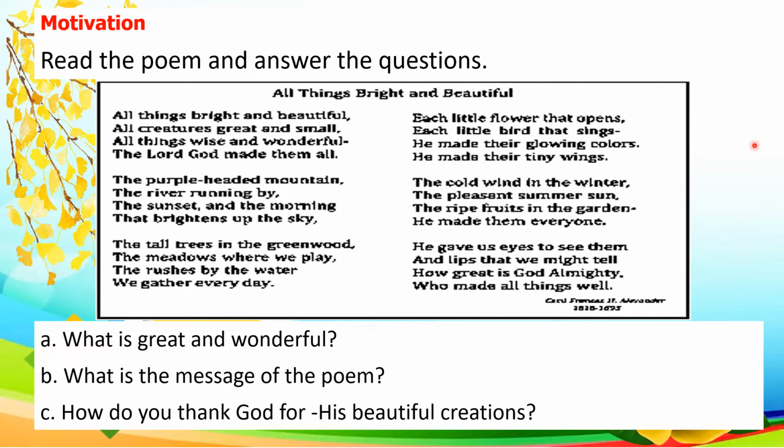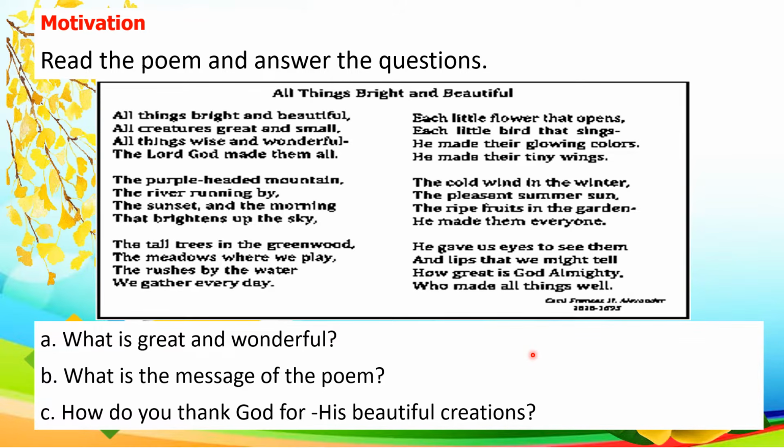The purple-headed mountain, the river running by, the sunset and the morning that brightens up the sky, the tall trees in the greenwood, the meadows where we play, the rushes by the water we gather every day. Each little flower that opens, each little bird that sings, He made their glowing colors, He made their tiny wings.